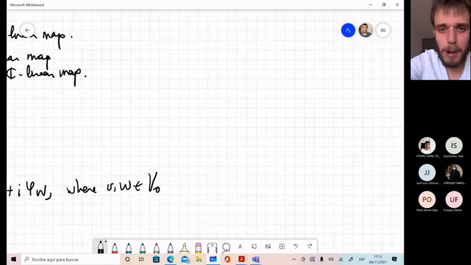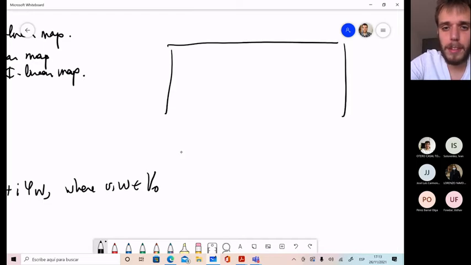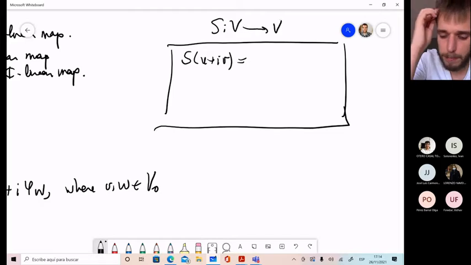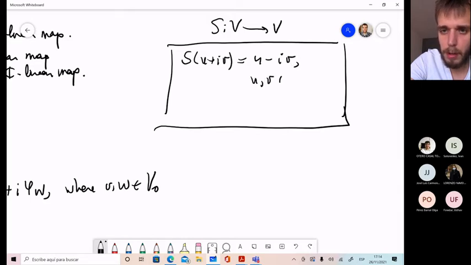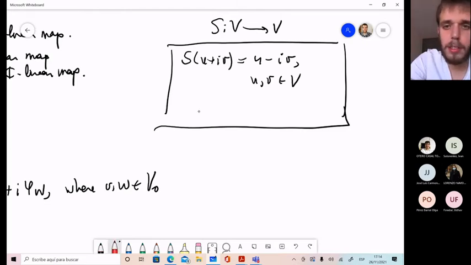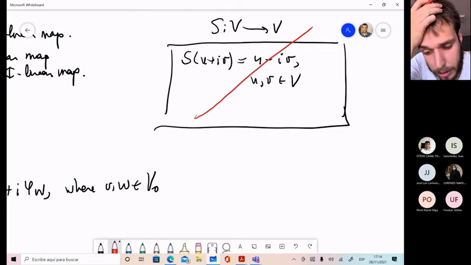Sorry, I'm going to write what Onishchik is doing. This is not completely related with the things that I'm telling you now, but he says that for an arbitrary complex space V, you can always define this map u minus iv, where u and v belong to V. Okay, but this is not right. This doesn't make any sense because this is not even well defined, right?